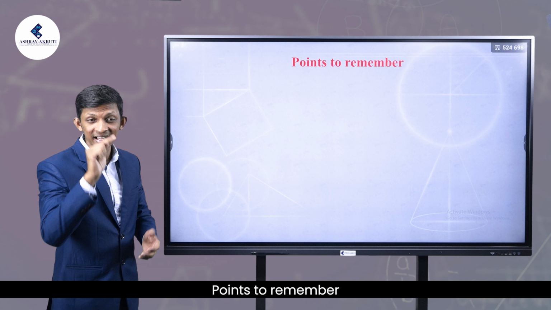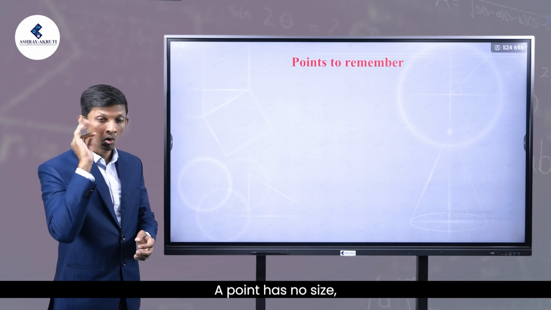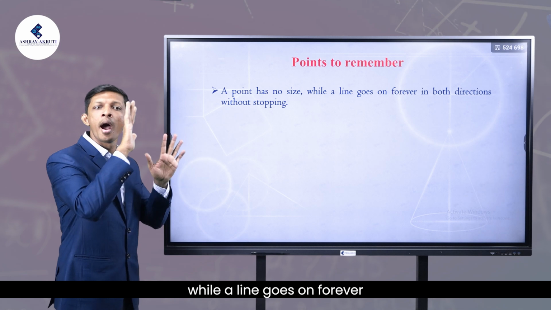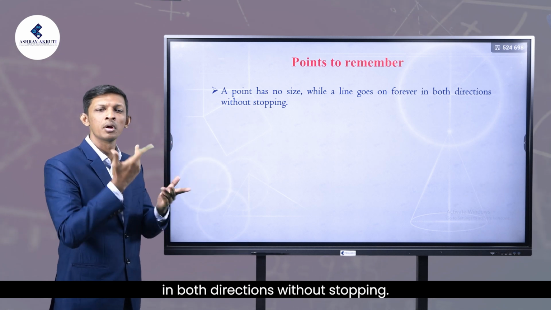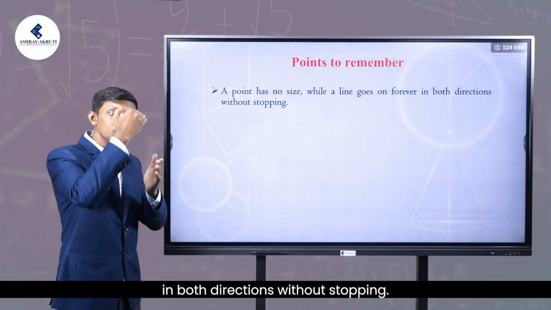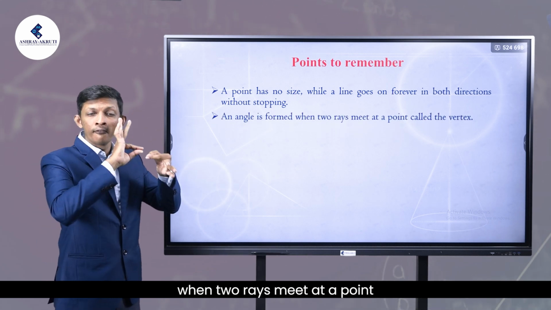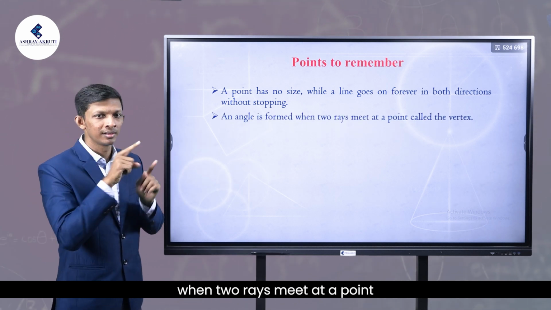Points to remember. A point has no size, while a line goes on forever in both directions without stopping. An angle is formed when two rays meet at a point called the vertex.